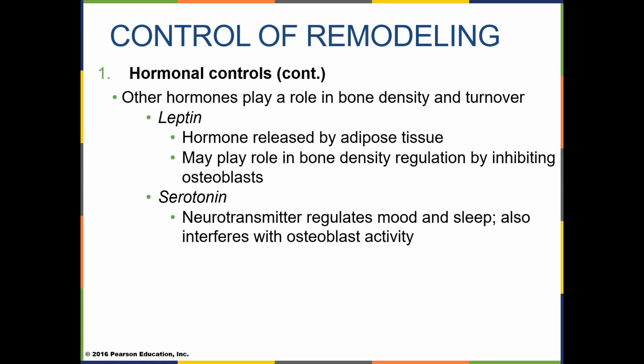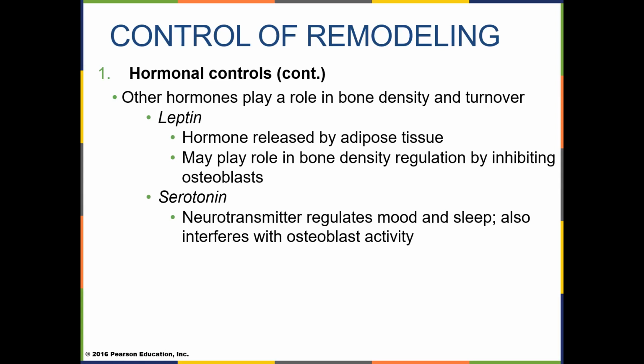The first indicator that we might have a problem with osteoblast activity is when we stand up and our leg snaps, or you try to open a door and you snap a bone in your wrist, where a normal activity causes a fracture that shouldn't occur. And we don't know if it's because of the increased presence of lipids in the adipose tissue or a decreased presence of lipids. We just don't know.